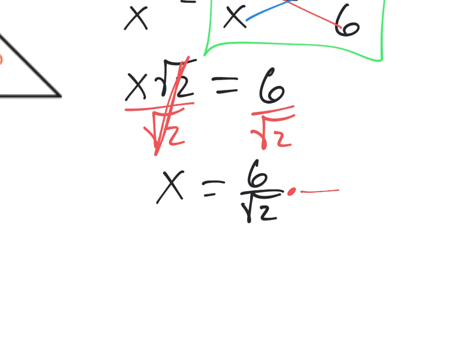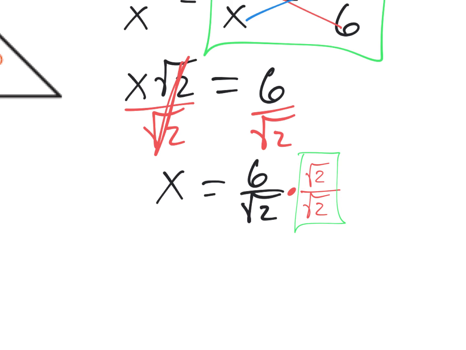And so that means I've got to multiply this fraction by the square root of 2 over the square root of 2. Things to remember: this fraction is equivalent to 1. So we're just taking our fraction and multiplying it by 1. So we're not changing it. We're just going to change what it looks like.